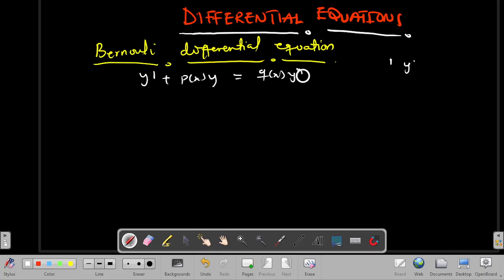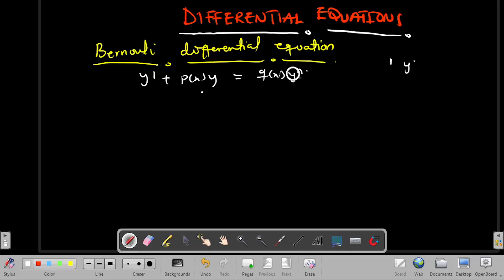The expression y to the power n here is what is making this Bernoulli, because aside from this expression, this whole thing is a linear differential equation. I've shown you how to solve linear differential equations in our previous lesson, so please visit those videos to understand that better. So here, how do we solve Bernoulli differential equation?